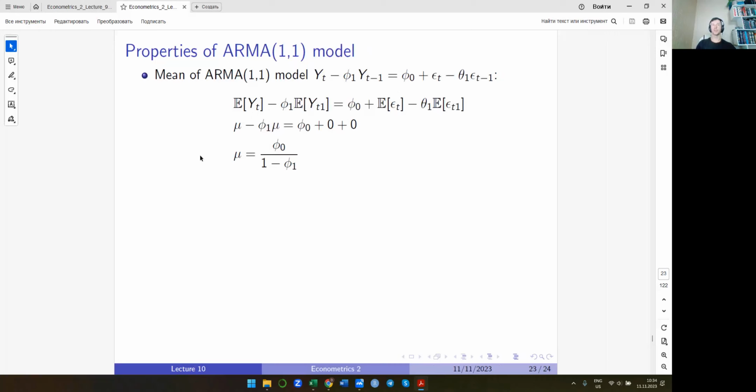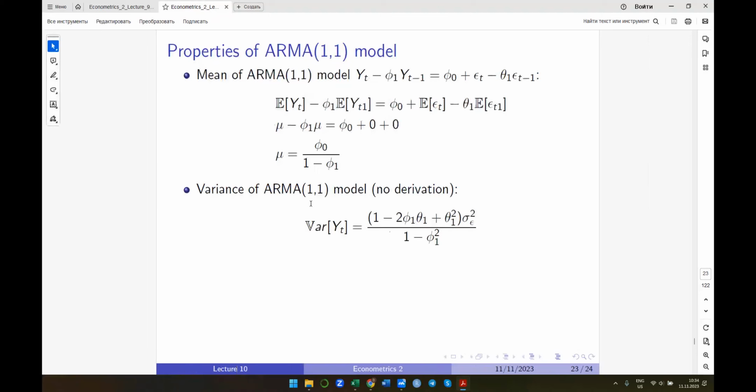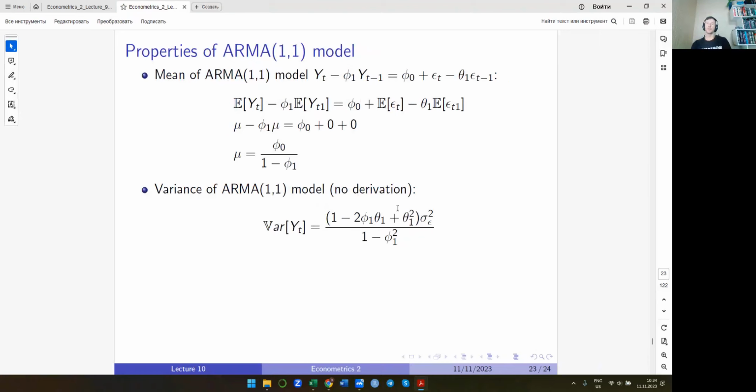So we see that expected value is the same as for AR1 model. And variance, with no derivation, looks, well, not horrible yet, but unpleasant, let's say, because there are some interactions between phi's and thetas, and if we have a larger order model like 2 or 3 order for autoregression, this variance is going to be a nightmare.